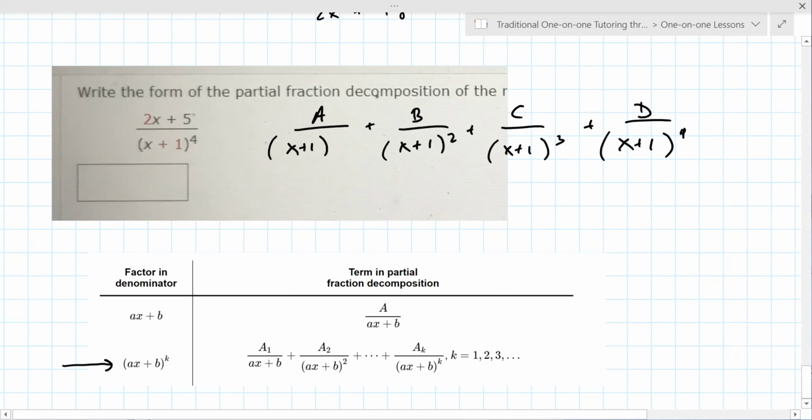Okay. And then from here, you set this equal to 2x plus 5.